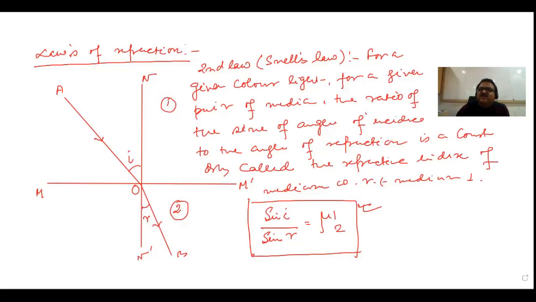Okay. So let us try to understand the concept first. For an example, assume the light is moving from medium 1 to medium 2, and this is, as usual, the surface of separation. Let me draw first the normal.